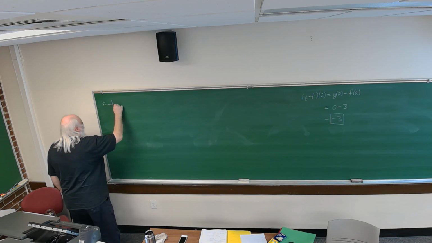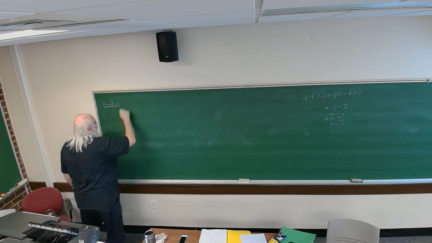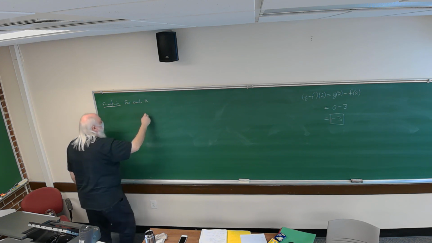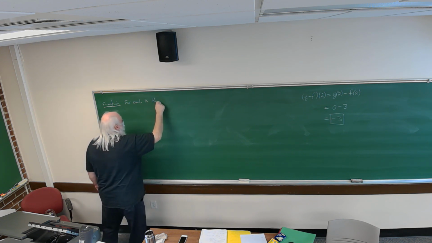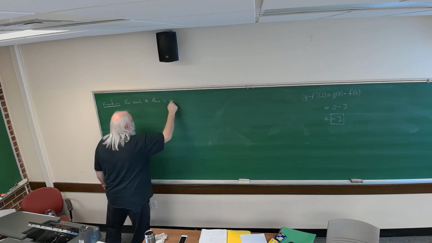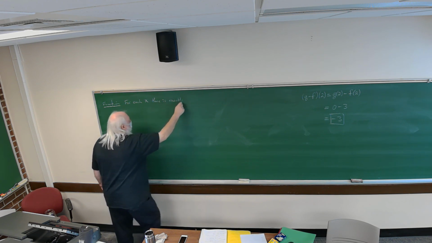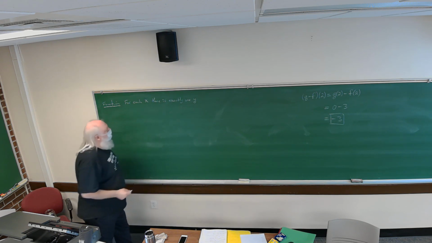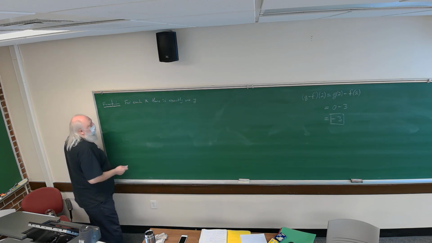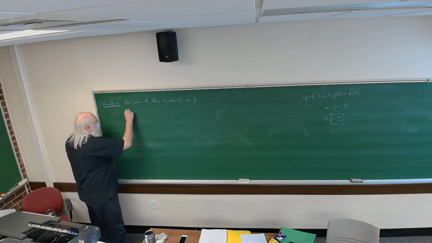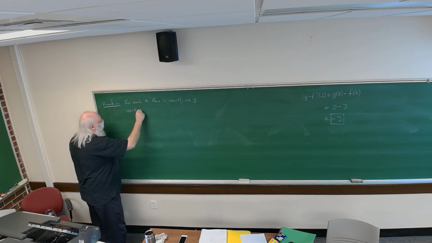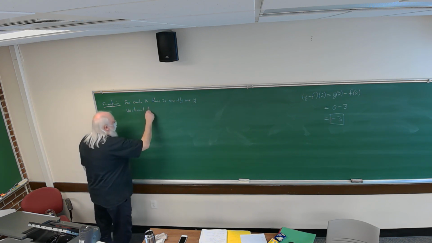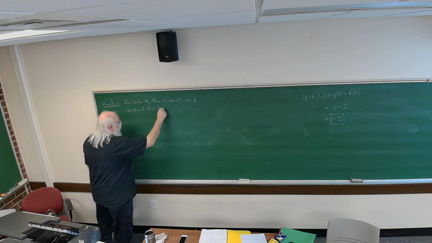The definition of a function: for each x, there is exactly one y. And given the graph of an equation, we can tell if y is a function of x by the vertical line test.